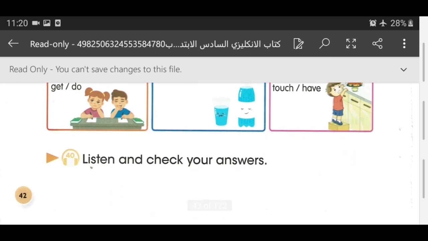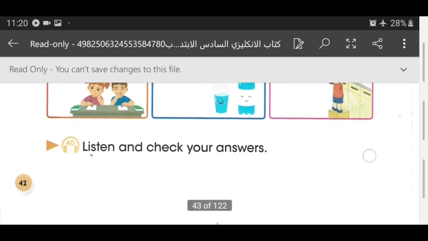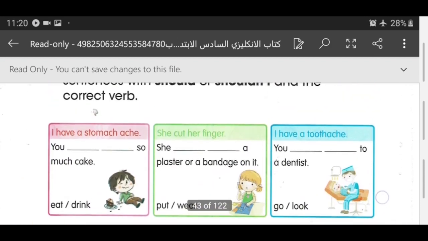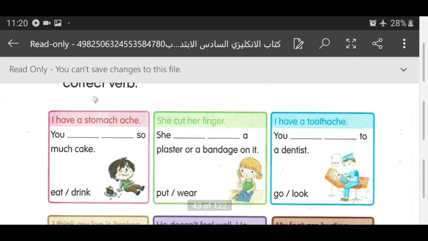Listen and check your answers. I have a stomachache. You shouldn't eat so much cake. Number 2. She cut her finger. She should put a plaster or bandage on it. I have a toothache.